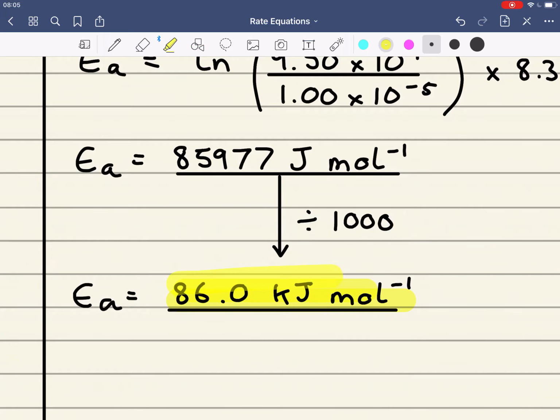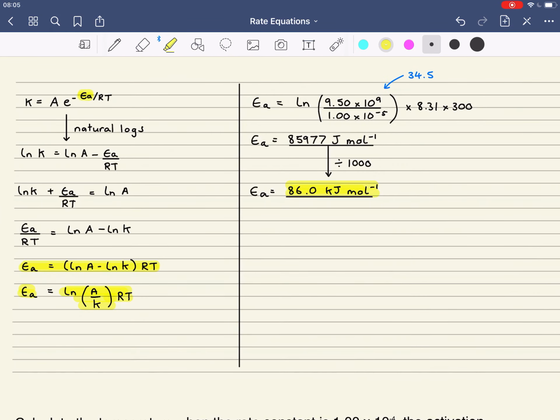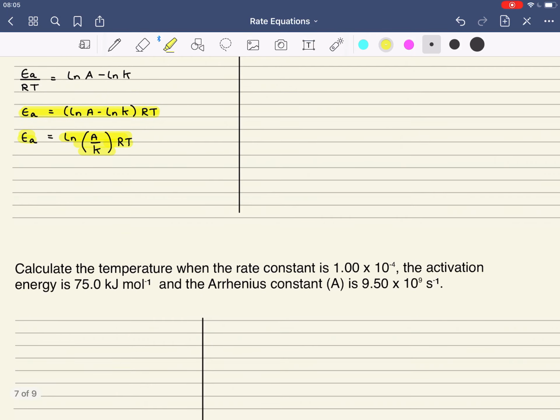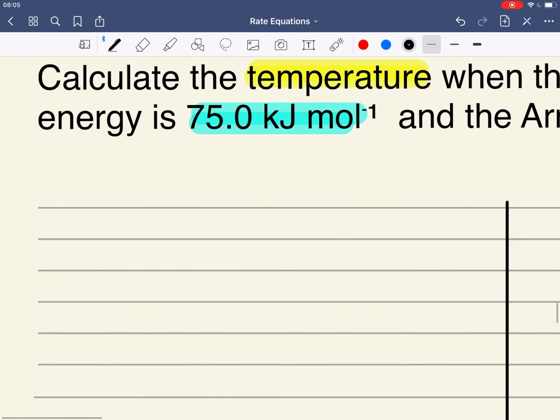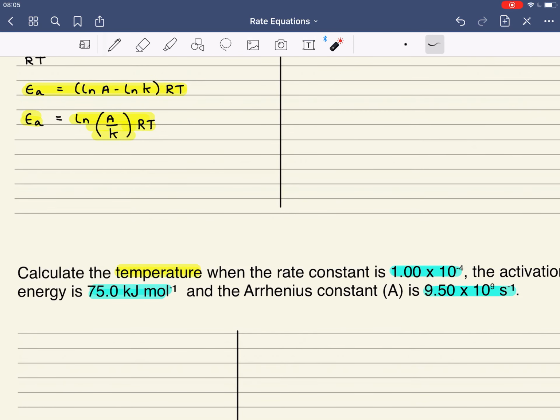Now I'm going to take a look at another calculation. We're going to take a look now at how to calculate the temperature. So we've got to calculate the temperature. We're given, again, the rate constant, the activation energy, and the Arrhenius constant. So if I want to work out T, it's one step away from what we've got here.